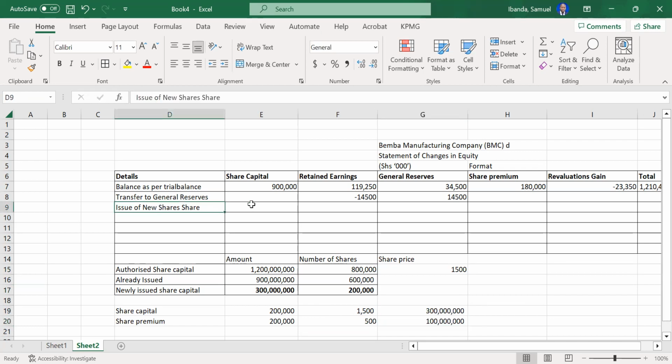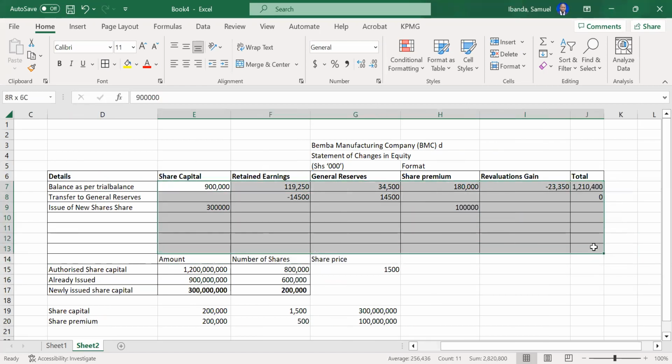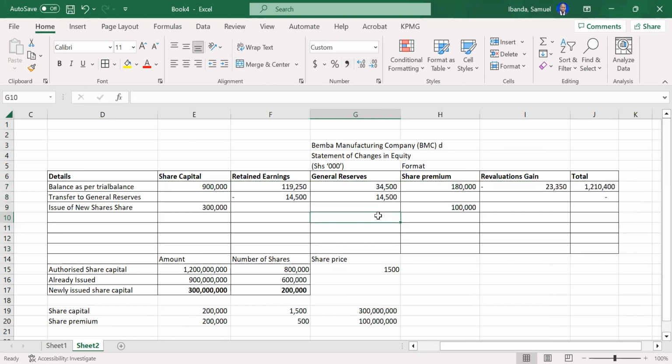So when I'm updating the issue of new shares, since these things are in thousands, I'm going to come under share capital here and add 300,000 like that, and I'll come under share premium and add only the premium value, which is 100,000, 100 million, since I have thousands here. So this is what I basically have when it comes to the issuing of the new shares.